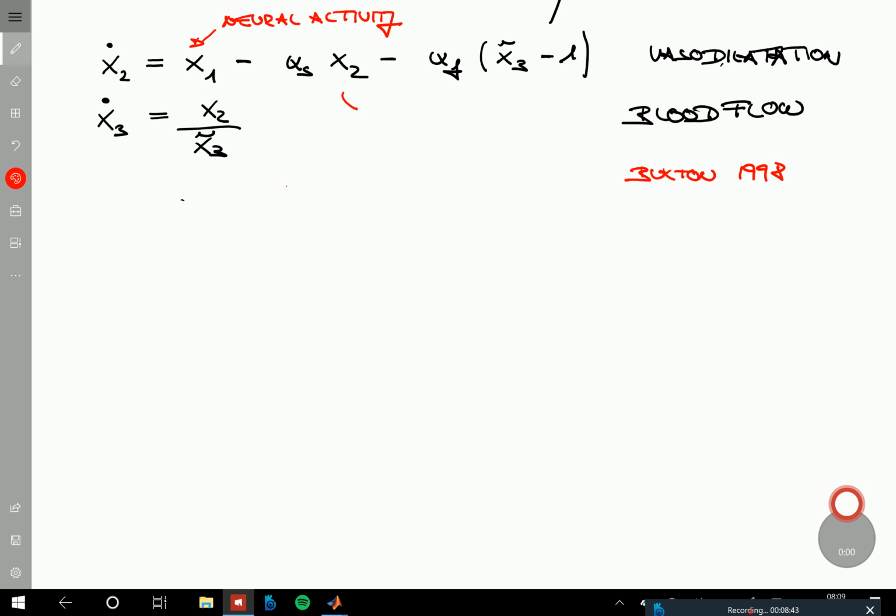Then there is some self-inhibitory dynamic. So if vasodilatation goes up, it's also increasingly inhibiting itself. So it will not grow infinitely.